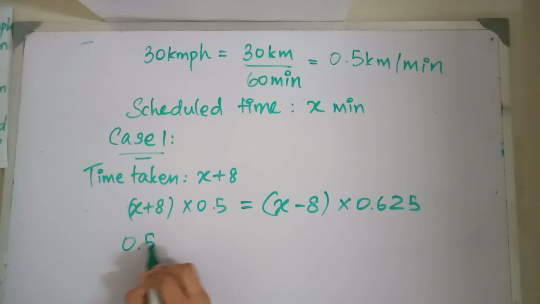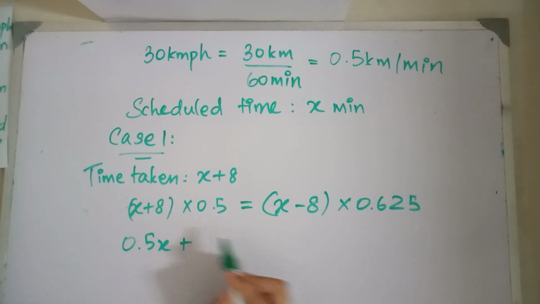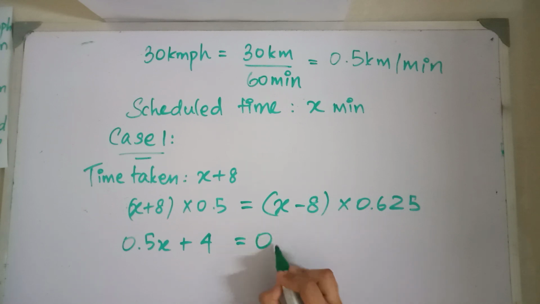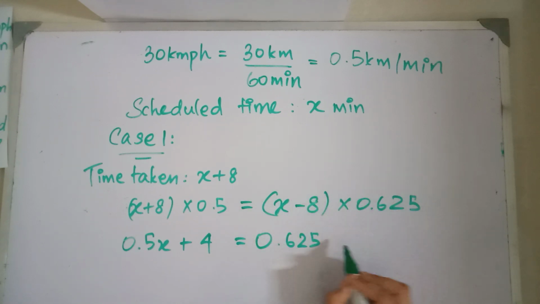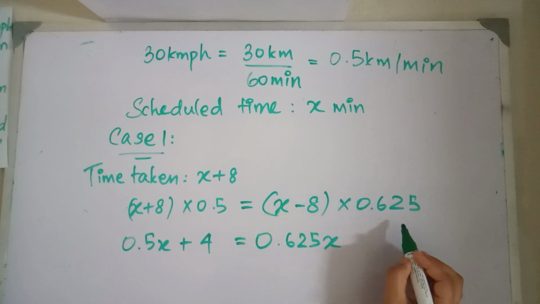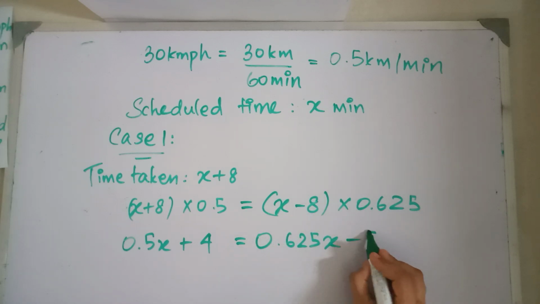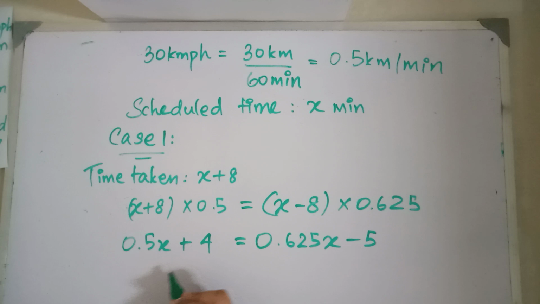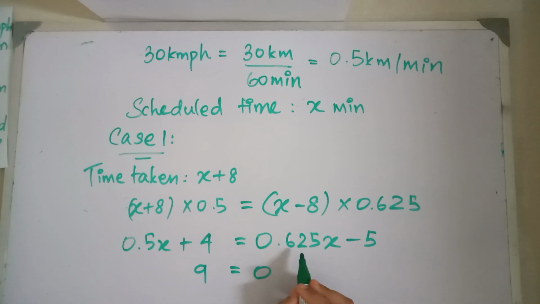Now it's easy. We just have to solve this equation to find the value of x. We have 0.5 into x plus 8 into 0.5, which gives you 4. And then we have 0.625 into x minus 8 into 0.625, which is actually 5. Now to further solve this, we get 9 on this side, and this will be 0.625x minus 0.5x, which is 0.125x.